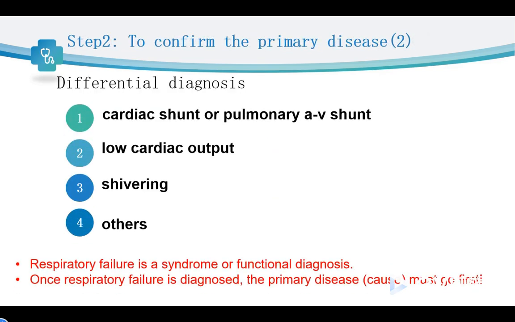In this step, we also need to do some differential diagnosis, including the cardiac shunt or pulmonary artery venous shunt, low cardiac output, and other diseases which can also induce abnormal changes in the ABG test.